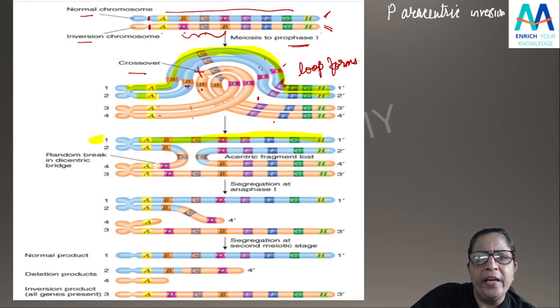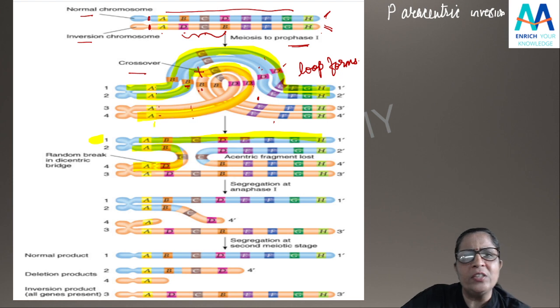So you can see A, B, then it goes for a crossover, goes here to C, then in this way it moves D and then A. See, A, B, C, D and A. Is it correct? So what can you see in this case, students?